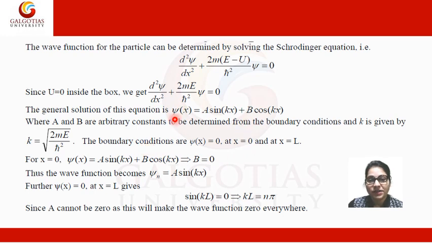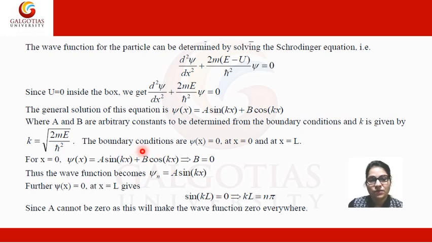As we have discussed earlier the properties of wave function, with the help of these properties we should remove the arbitrary constants A and B, because the properties of wave function are valid for any wave function. One by one we are going to apply the boundary conditions.